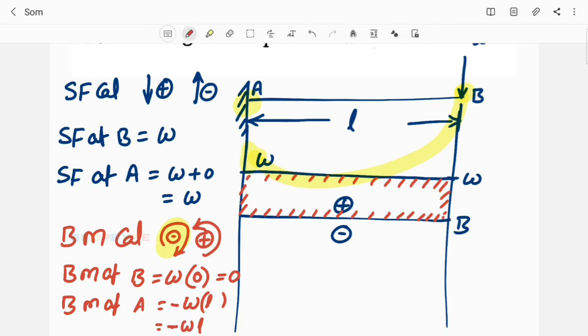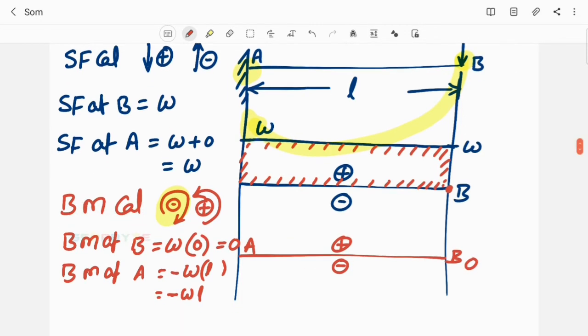So here for the bending moment, let us take the reference line, positive and negative. This is B, this is A. Bending moment at B equals 0 and bending moment at A is minus WL.